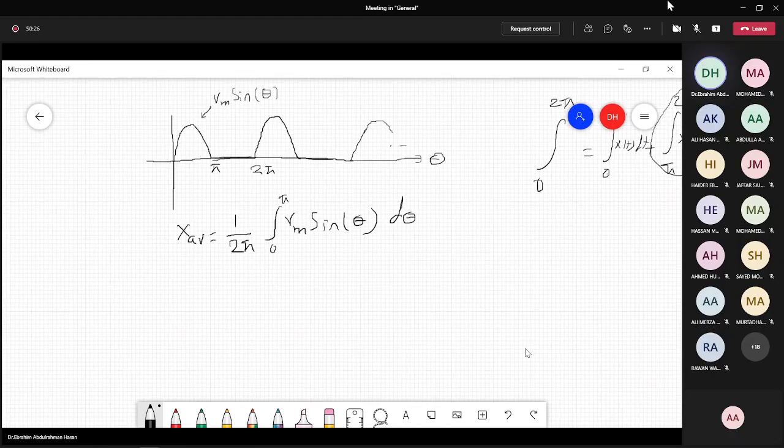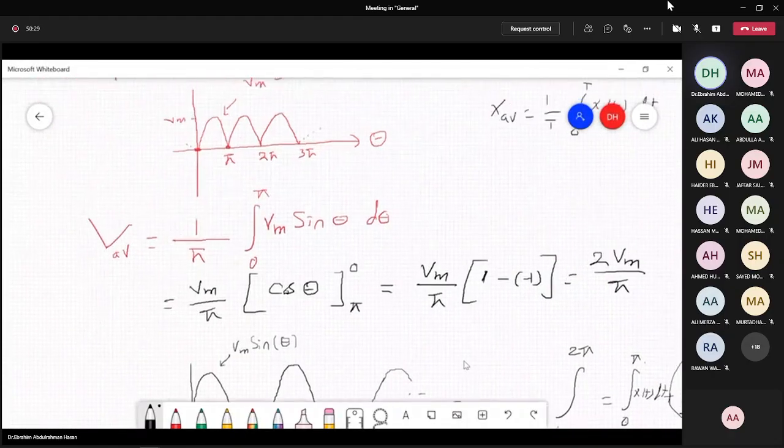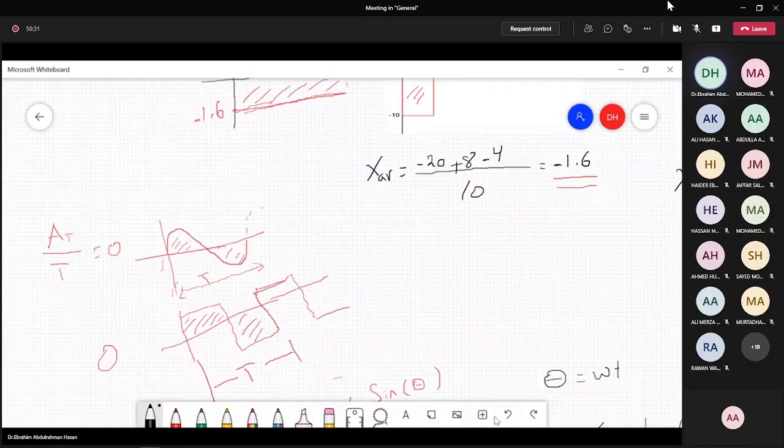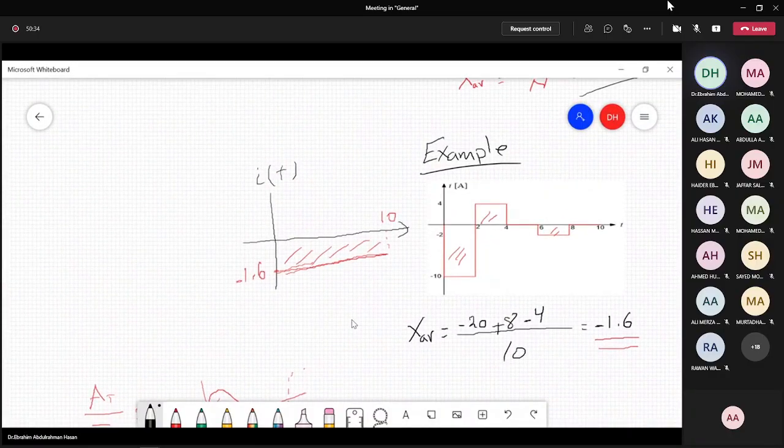So if you have a piecewise signal, as we said here, the same as this one, or you have something like this, for example, then the area under the curve, again, you can do it by integration, but you can also just use area.